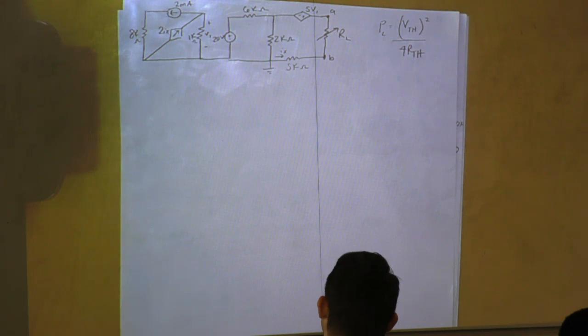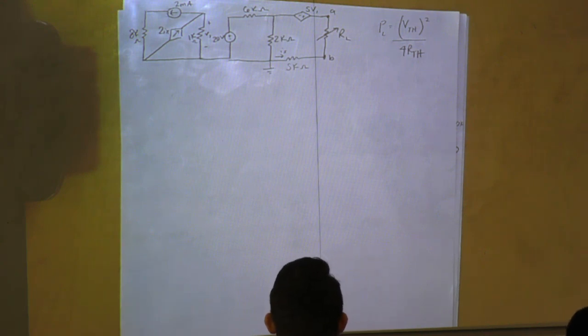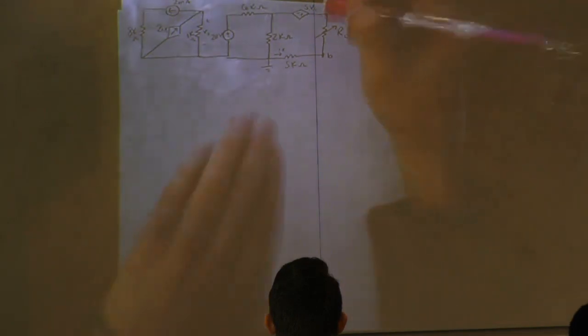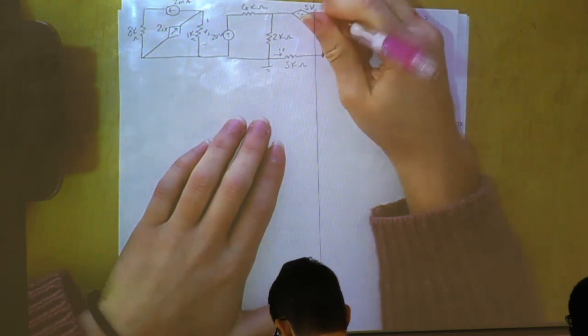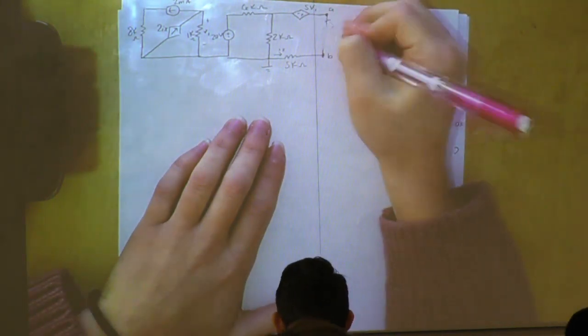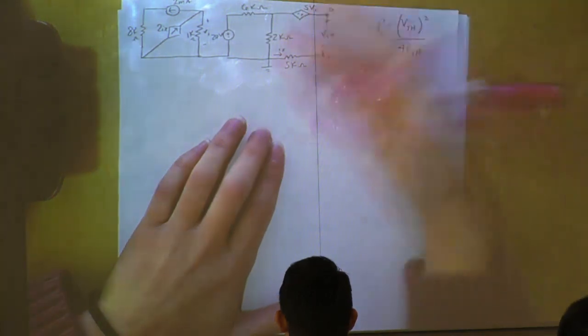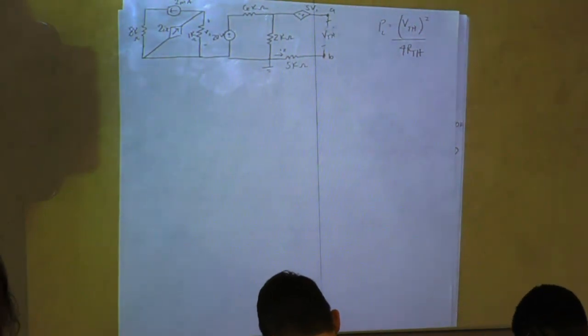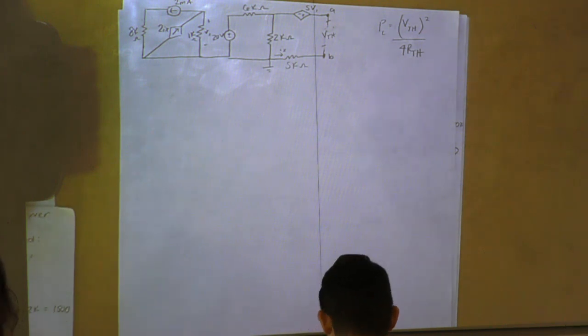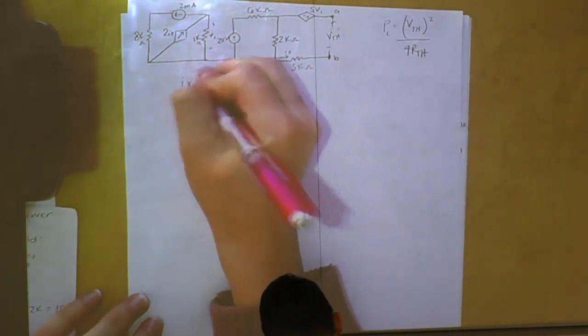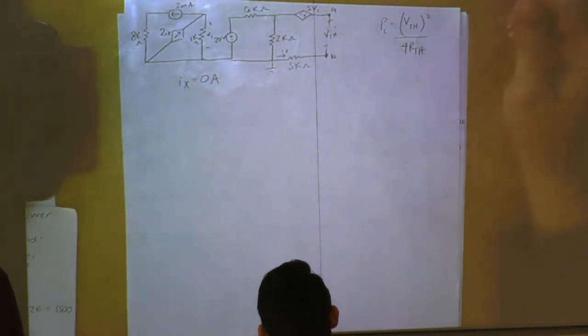The first thing we're going to want to do is find VTH. So first we're going to open our circuit from A to B. So as soon as we open our circuit, we can see that our IX current is equal to 0 amps because we have an open circuit.